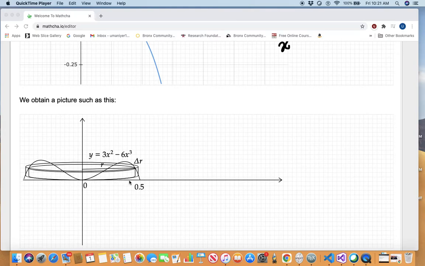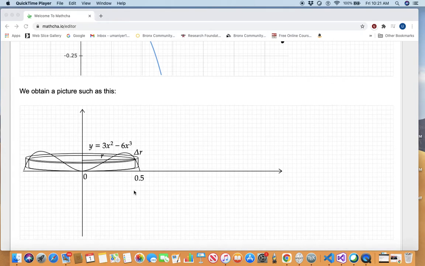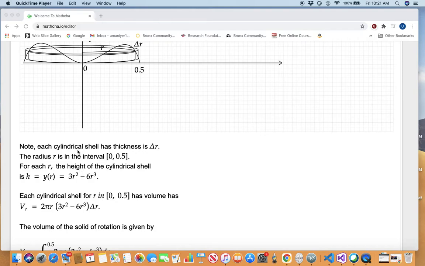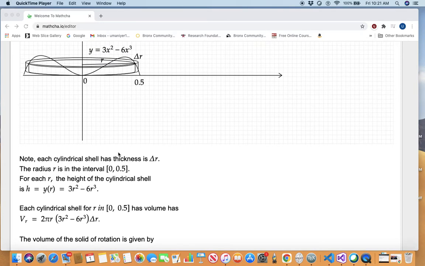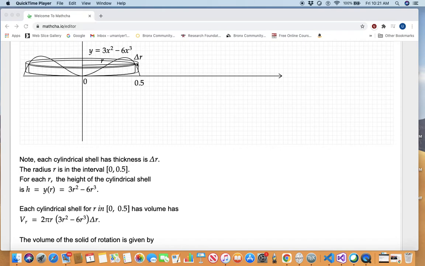You notice you get a thickened cylinder here for each r going from 0 to 0.5. Each cylindrical shell has thickness delta r.